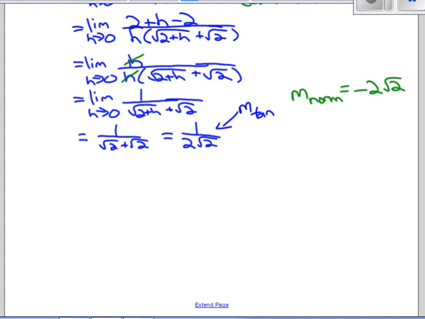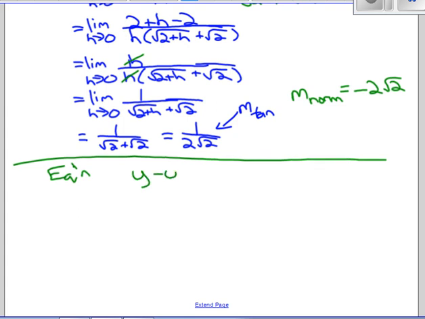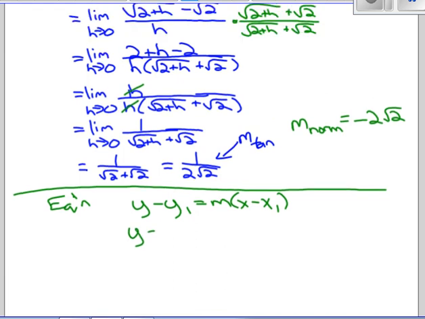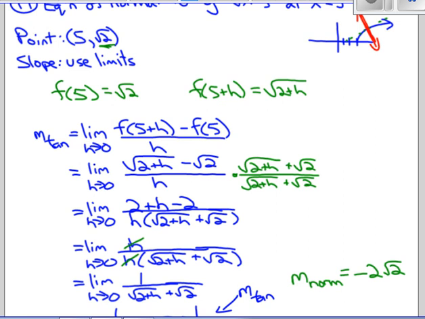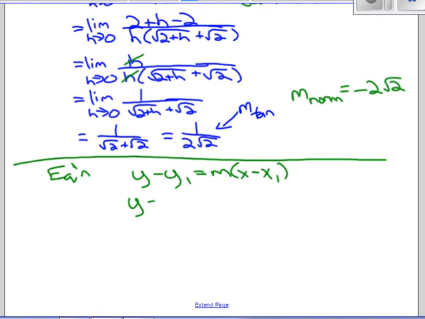Okay, lastly, we want the actual equation. So the equation comes from point slope formula, which is again y minus y1 equals m times x minus x1. y1, go up to the top, we'll see that it was root 2. m is negative 2 root 2 by x minus 5, 5 was our x value.